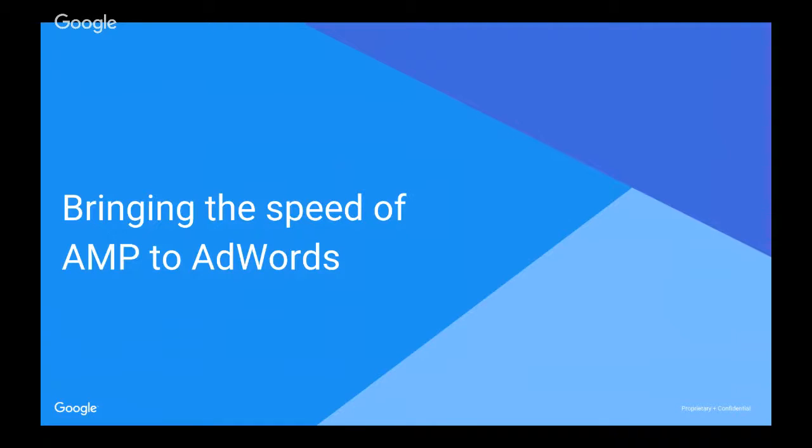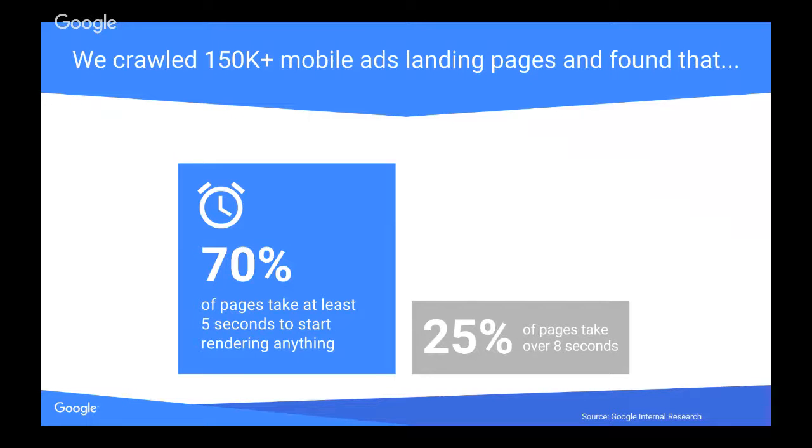So how do we bring all this awesome speed to AdWords? First things first, why do we need to bring this to AdWords? Isn't AdWords awesome already? Well, it is awesome, but like Ying and Cherry said, we have already been working to improve the mobile site experience on the publishing side.